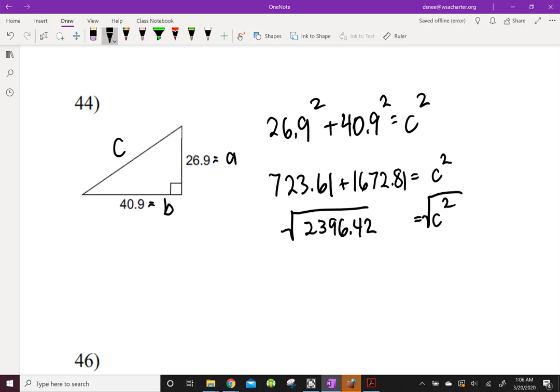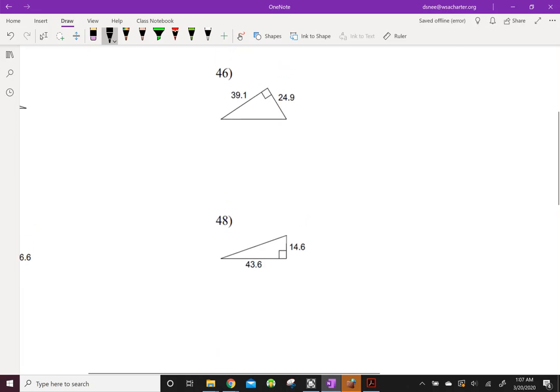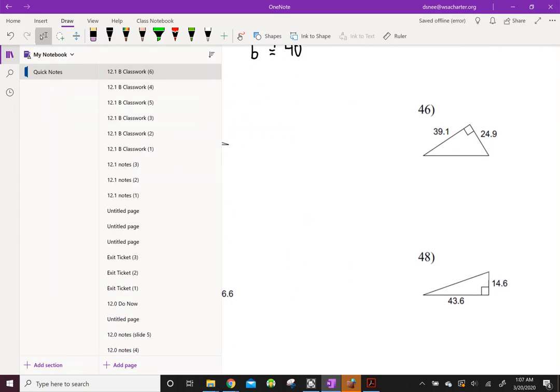Square root of 2,396.42 equals 48.95. That 5 says go up, so we're going to call that 49. 49 equals C. And that's where I'm going to stop, and you can stop at the end of this page. All right.